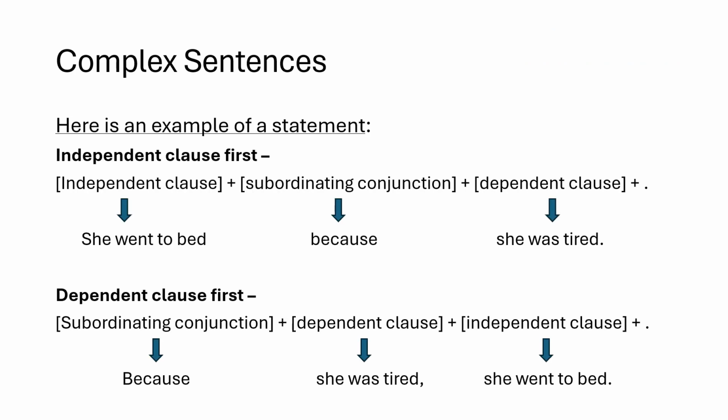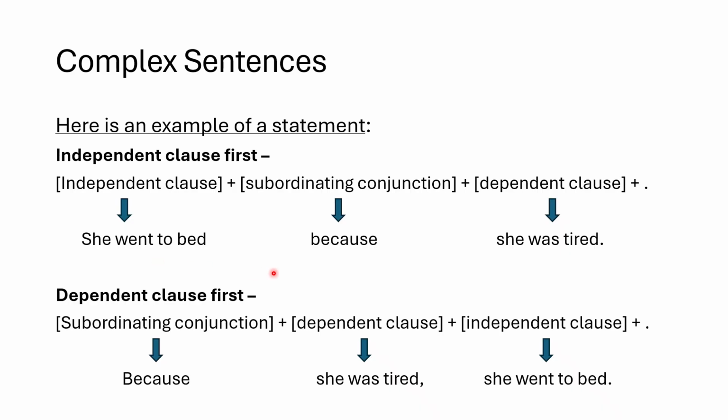Here is an example of a statement as a complex sentence. Independent clause first. Independent clause, she went to bed, plus subordinating conjunction, because, plus dependent clause, she was tired.